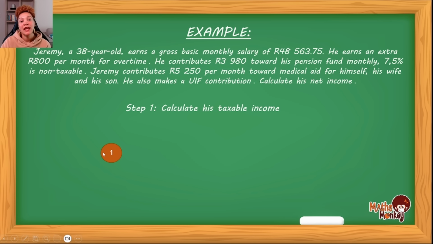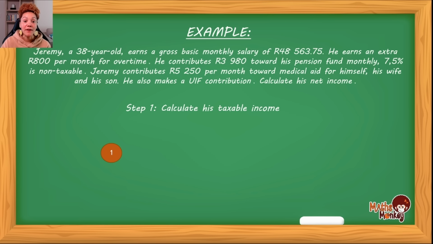Okay, so the instruction says, Jeremy, a 38-year-old, earns a gross basic monthly salary of 48,563.75. He earns an extra 800 Rand per month for overtime. He contributes 3,980 towards his pension fund monthly. 7.5% is non-taxable.